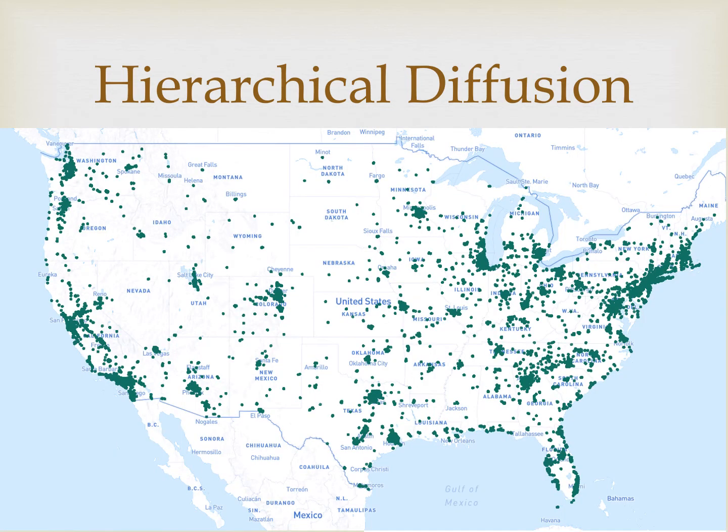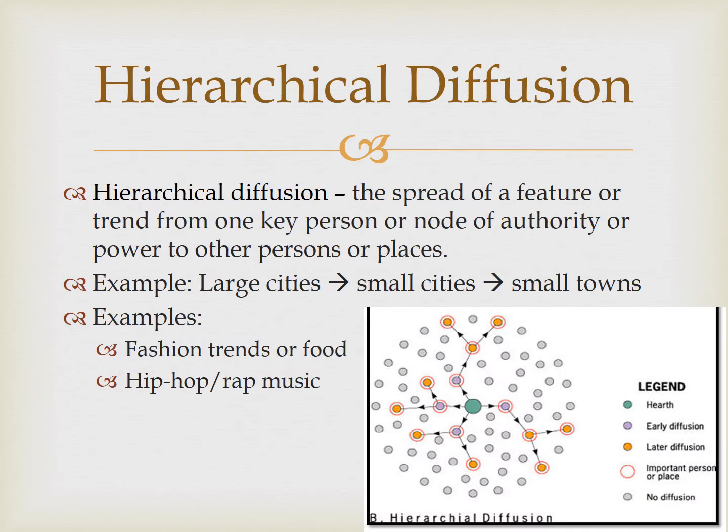Even Starbucks or other specialized coffee shops follow a hierarchy. Starbucks opened in cities that have higher density and concentration of people, of customers, and from there, they spread to smaller cities and even small towns. Even still though, the vast majority of Starbucks locations follow a hierarchy based on population density. Walmart, on the other hand, used a reverse hierarchy.